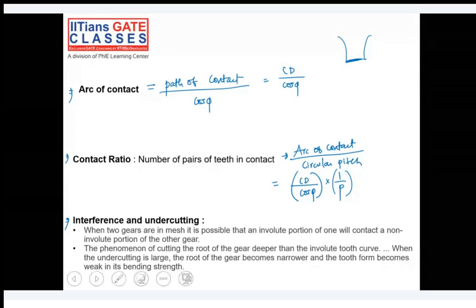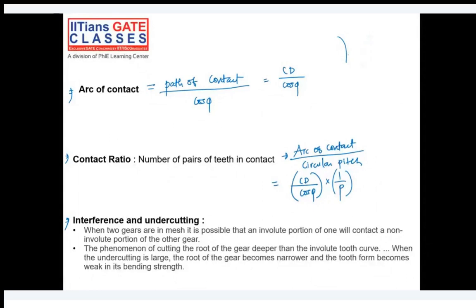So in order to avoid that, we can do some kind of undercutting. Obviously, if you do some undercutting, the strength of the gear will reduce a bit because you are reducing this area at the bottom part of the gear. Undercutting is the phenomenon of cutting the root of the gear deeper than the involute tooth profile.